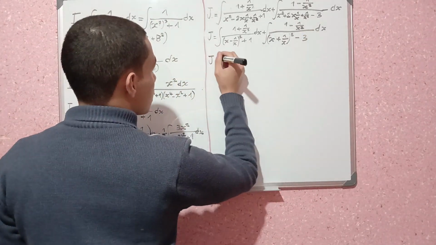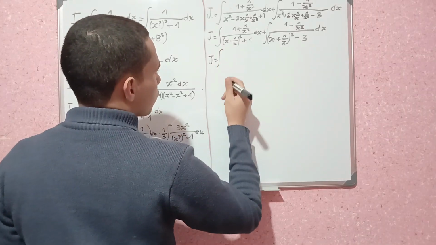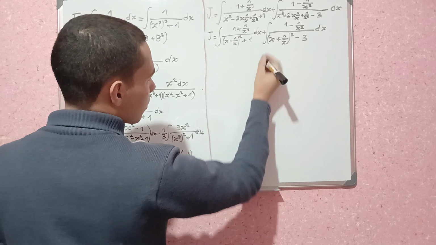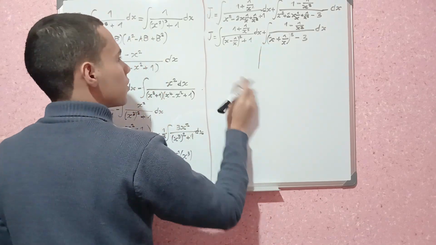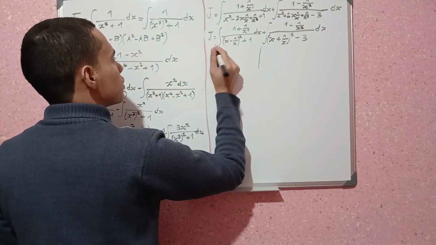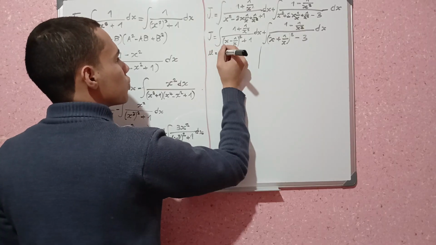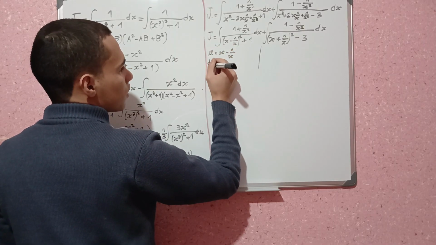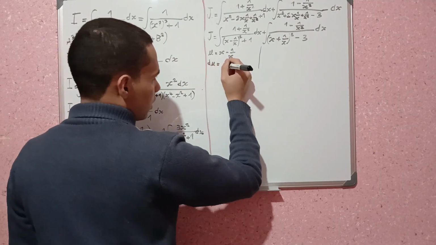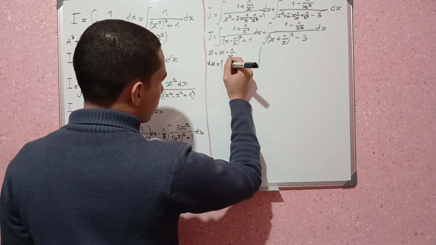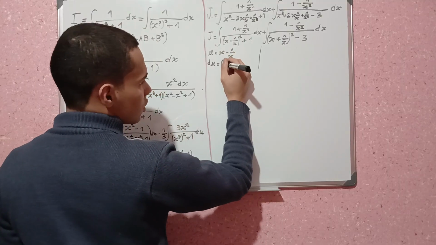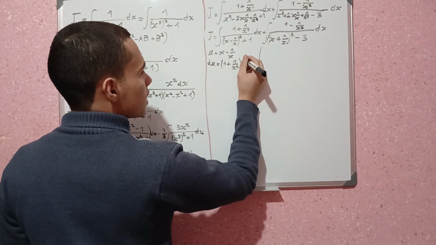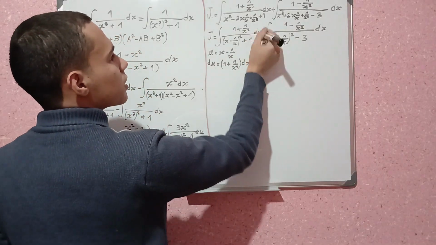Alright, so G equals the integral of what? Let's use a u sub for this part. Let u equal x minus 1 over x, so that du equals the derivative of this, which is just 1 plus 1 over x squared dx, which is the same as that.